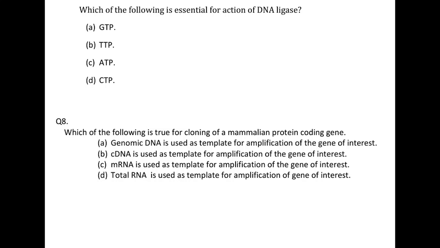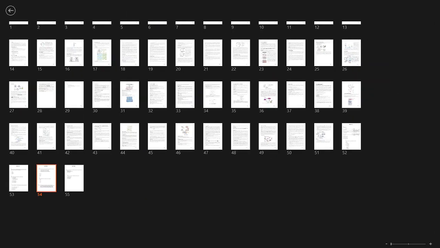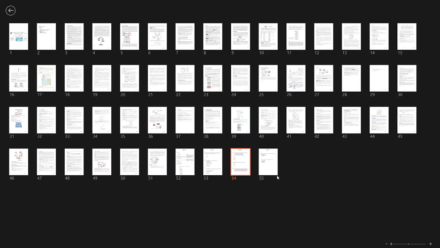Yes, so the genomic DNA contains introns which would prevent proper protein synthesis in the bacterial host. So the first one is incorrect. And mRNA or the total RNA cannot be directly used as a template for the PCR amplification process or the direct insertion into the DNA vectors. It must first be converted to a cDNA, and then it is used as a template for amplification of the gene of interest. So option B is correct.